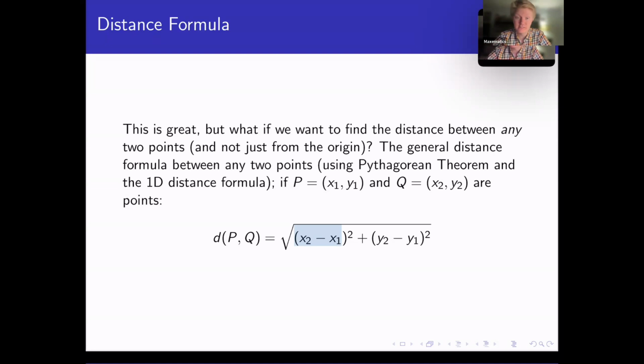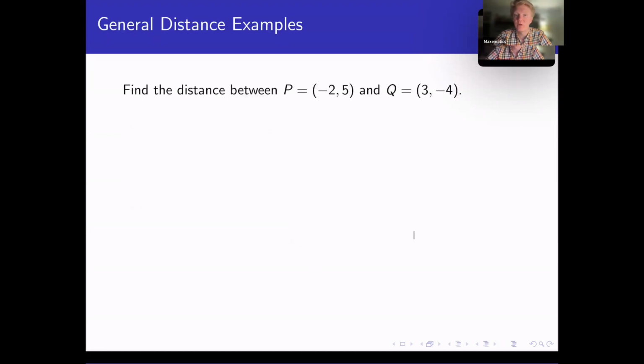It takes a little too long for us to derive, but I think you guys see the elements here. So if we want to find the distance between any 2 points, we're going to just plug things into x2, x1, and y2, y1. So let's find the distance between -2, 5 and 3, -4. Well, x1, y1 is going to be our first point. So x1 would be -2 and y1 would be 5.